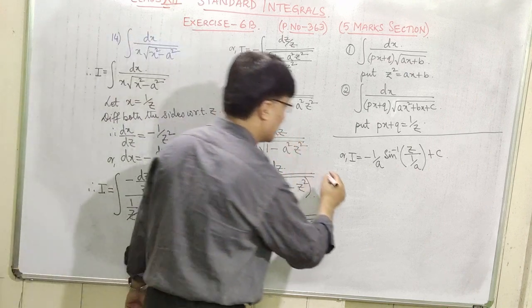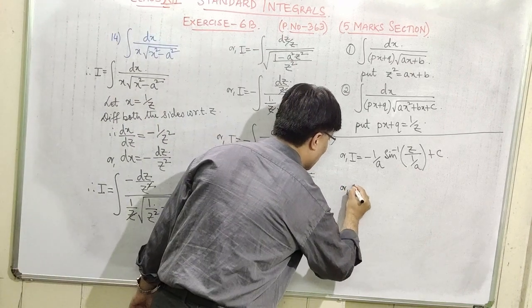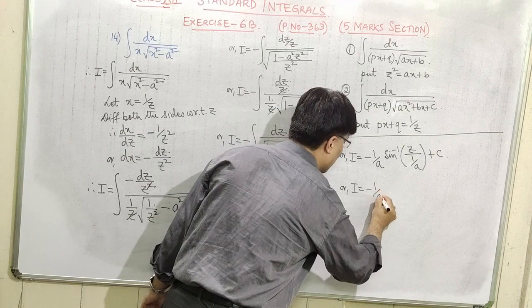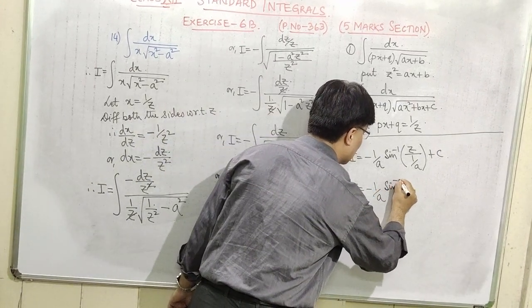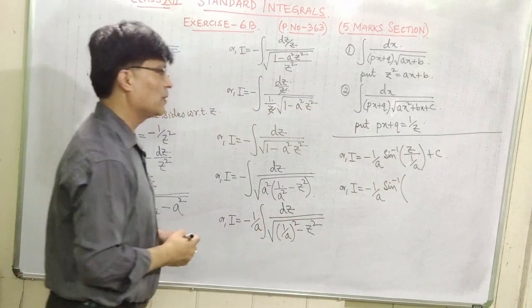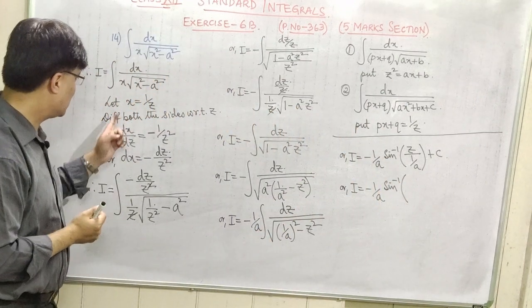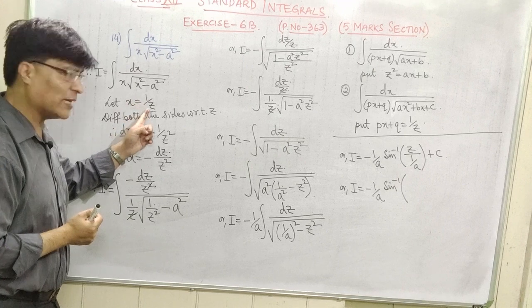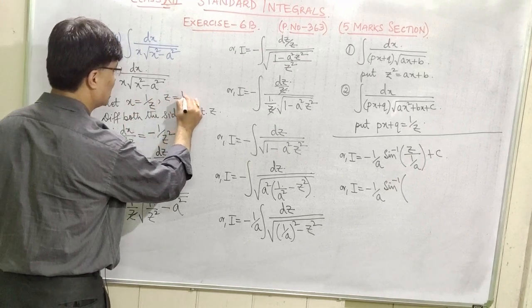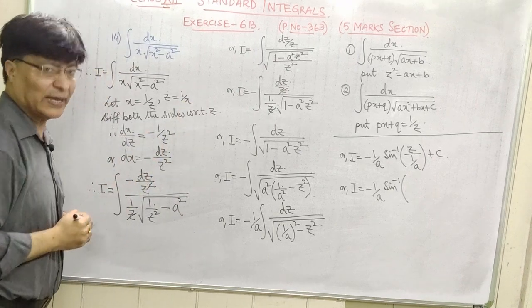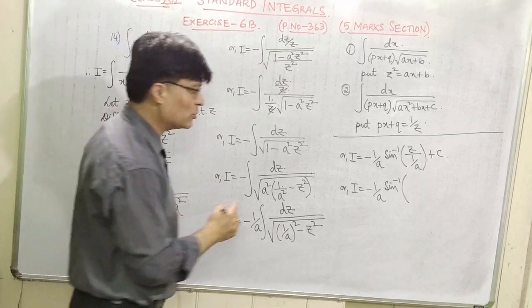Right? So now you can put the value for z. I is equal to minus 1 by a, that is a constant, it is kept as it is. Then sine inverse, what is z? Actually what was z? That is x is equal to 1 upon z. So from here, what is the value for z? It is 1 upon x. So let us put the value there. What is z?